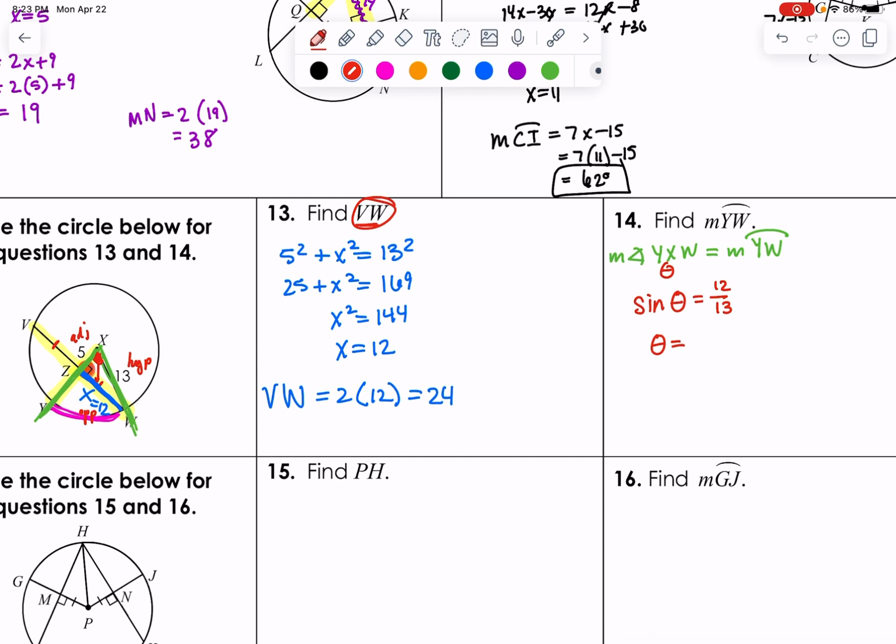That means that theta is the inverse sine of 12 over 13, which is 67.4 degrees. So the angle, which equals the arc. Now you won't have that on your tests the first time, but every time you see a right triangle, the first thing you should think is, can I use the Pythagorean theorem, and can I use SOHCAHTOA?